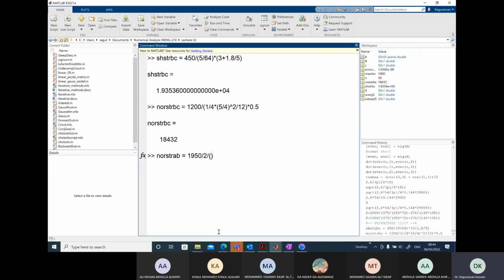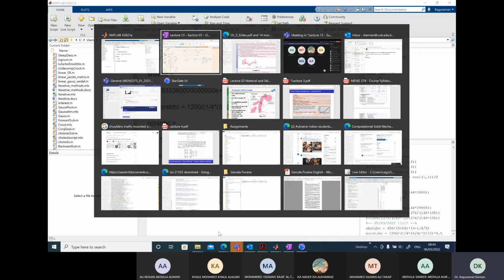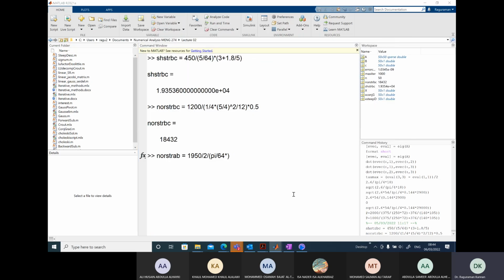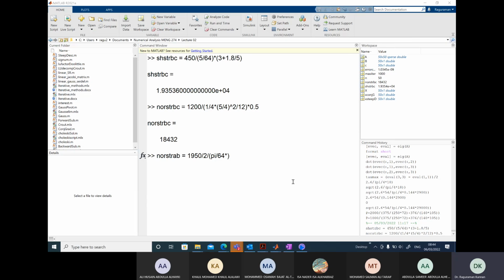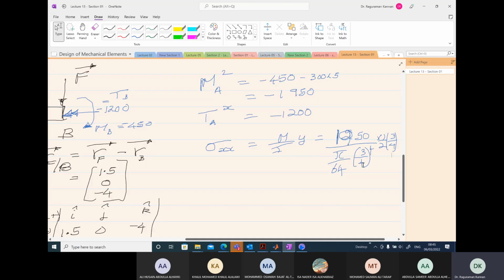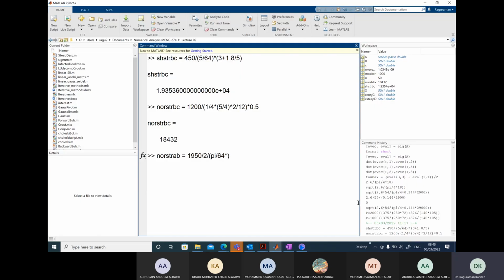We have pi over 64 multiplied by 3/4 cubed.